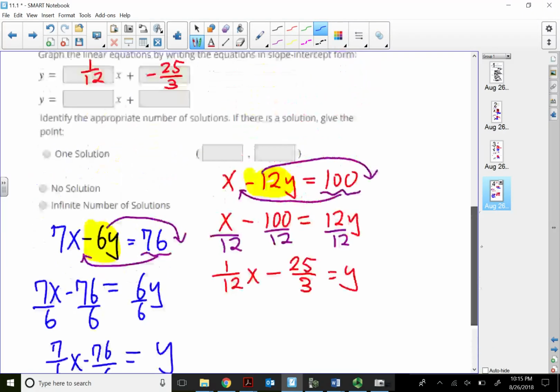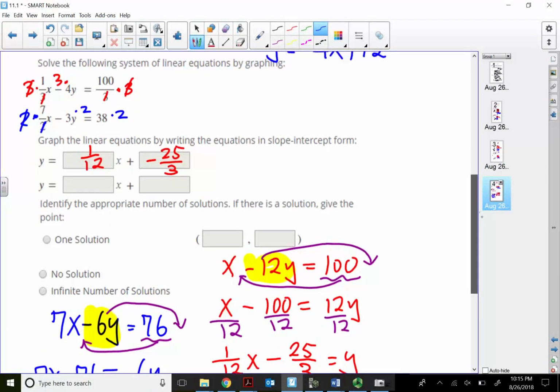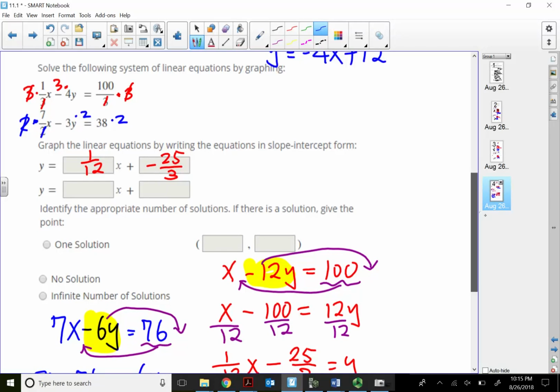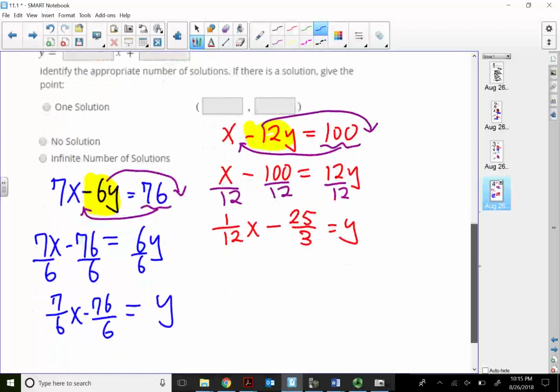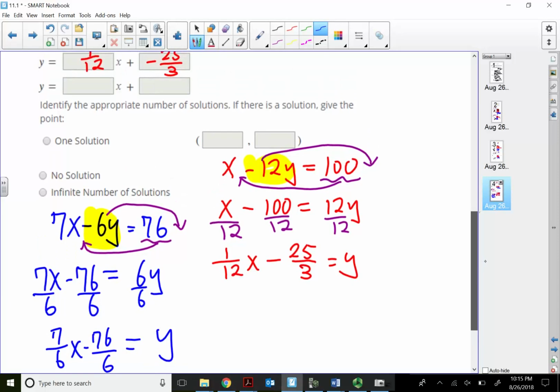So let me check my numbers real quick, because I thought this problem was only a certain way. That's x minus 12 equal to 100. Yup. Ooh. Okay, so I believe once you key it in both, you should be able to see the point of intersection. I don't know what it is. I can't graph all this by hand, but you should be able to see the point of intersection.